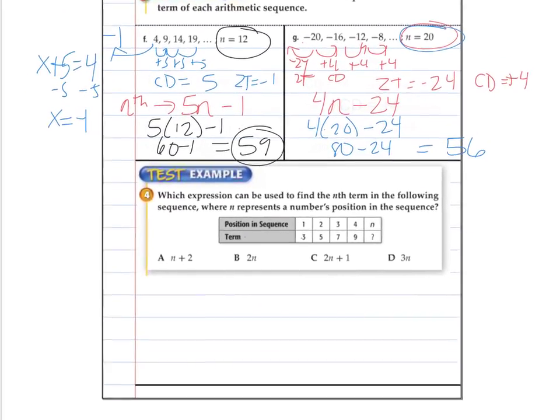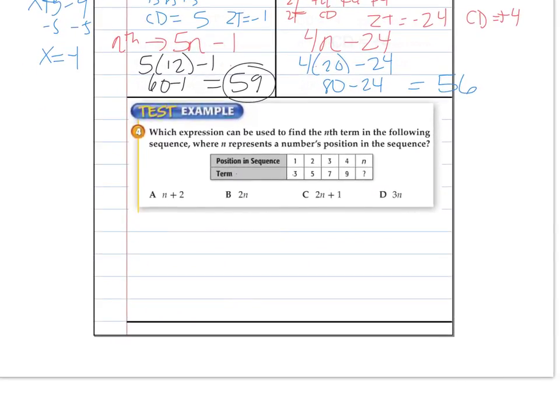Okay, very last one. Give this a try. Which expression, multiple choice, can be used to find the nth term of the following sequence when n represents the number of positions in the sequence? So, all these answers here, so I look, and I'm going, okay, up by 2, up by 2, up by 2.